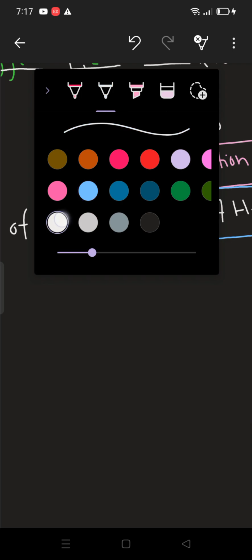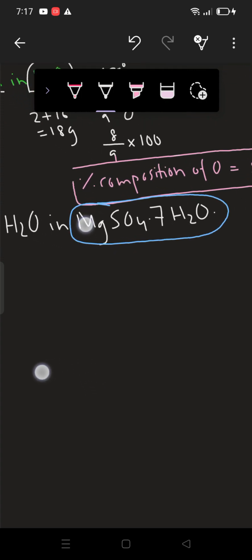So we know the formula. We need to take the mass of the particular quantity which we are going to find the percentage of. So here the mass of H2O is 18, and we have 7 molecules of H2O. So we need to multiply this mass of water, 18, into 7, since we have 7 molecules of water.